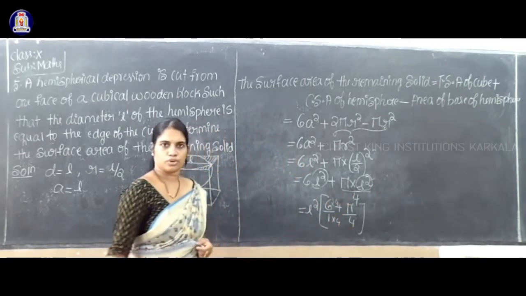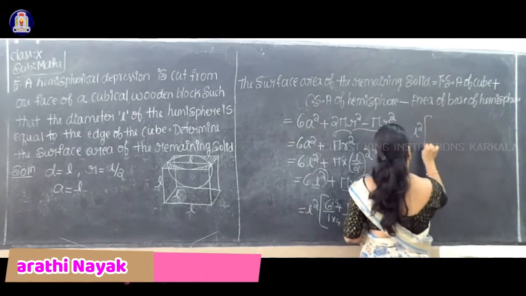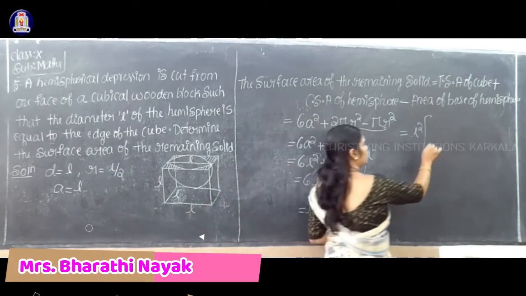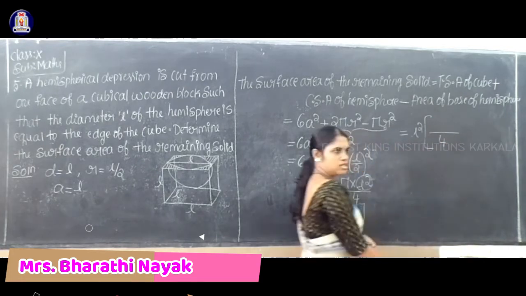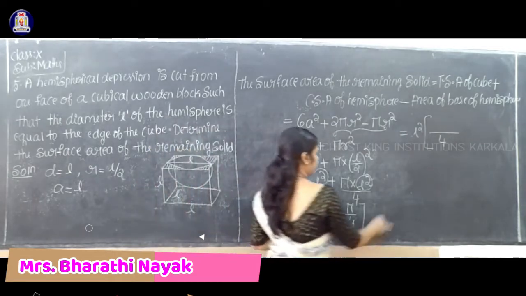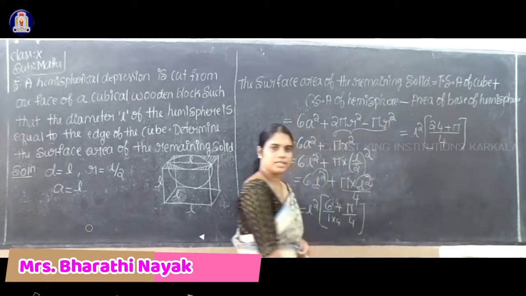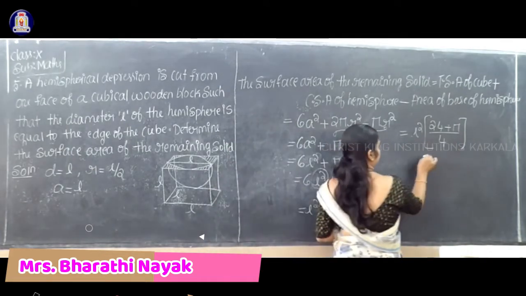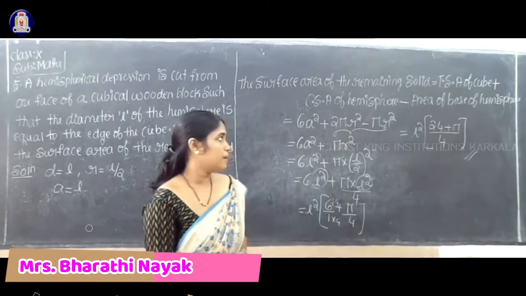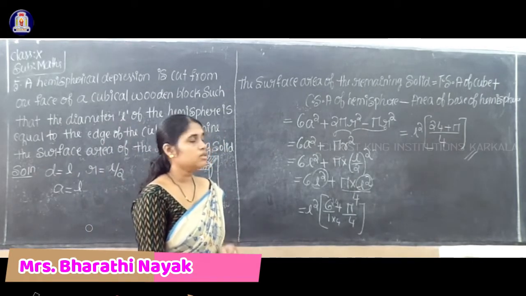Now this is equal to L square into, 1 into 4, 4, here 4, so the denominator is 4. 6 fours are 24, so you will get 24 plus pi. So this is your final answer: L square into 24 plus pi by 4 is the surface area of the remaining solid.